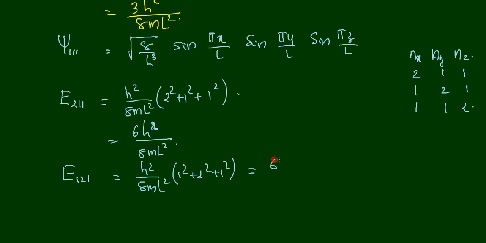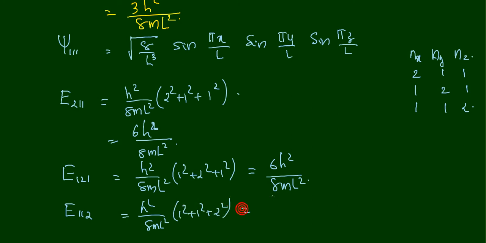That is 6h square divided by 8 mL square. So what about E112? That is also equal to h square divided by 8 mL square into 1 square plus 1 square plus 2 square. That is also equal to 6h square divided by 8 mL square.